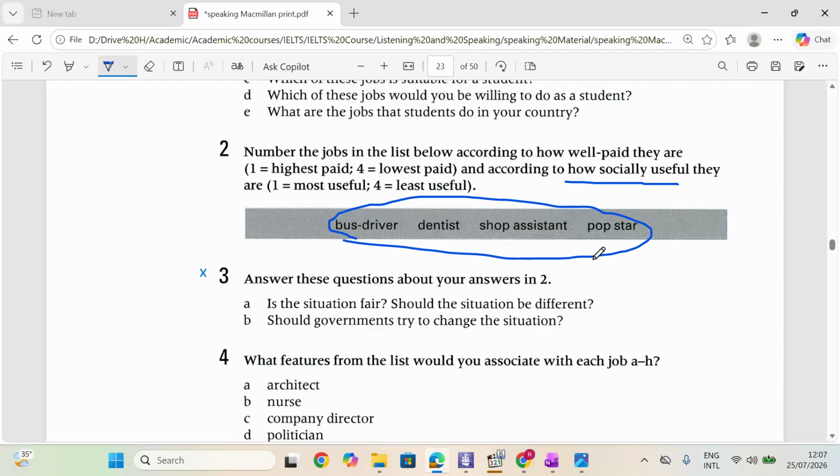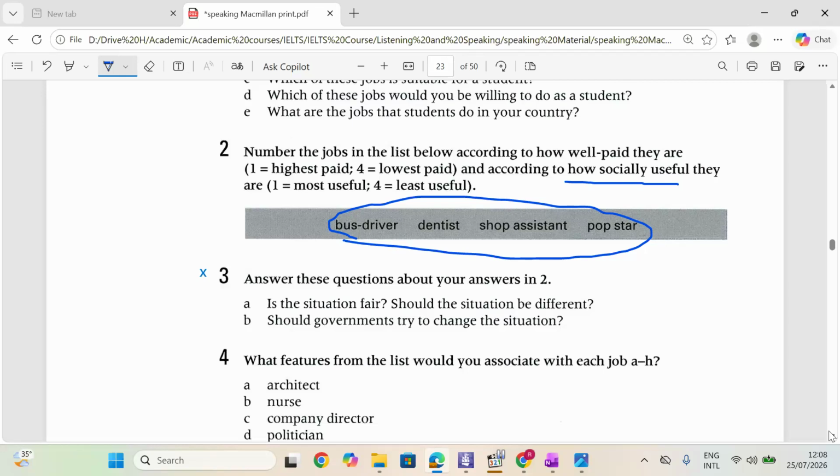Okay, why do you think the dentist is the most important? Elaborate your answer, justify your answer, in fact. Give more details. Because the others can be replaced easily, but the dentist studies his job for a long time, so he can help people. But the bus driver, people can replace him by walking to their jobs or whatever.